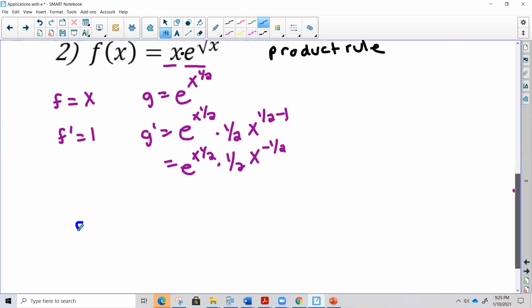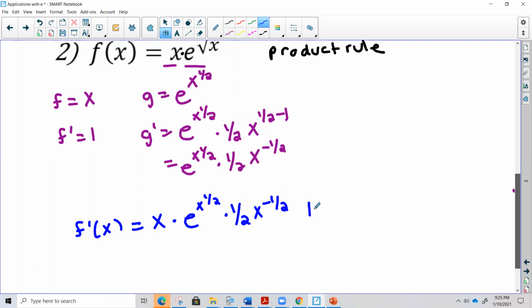So for my derivative f prime, now I'm going to find the derivative of this entire function. So I put f prime of x for my notation. I'm going to do product rule. So product rule is my f, or my first, times the derivative of my g, or my second. So I'm going to put this part that's a little bit simplified, e to the x to the 1/2 times 1/2 x to the negative 1/2.